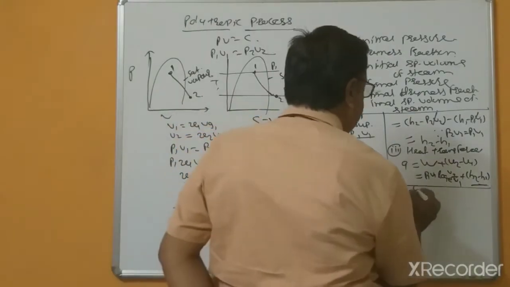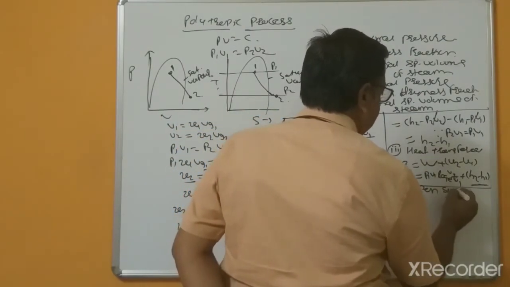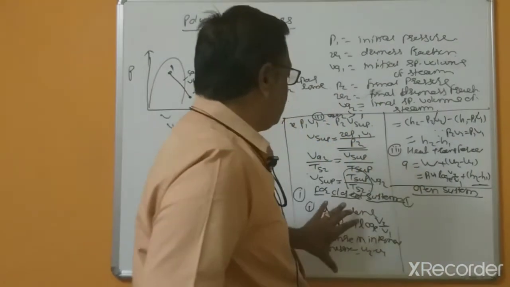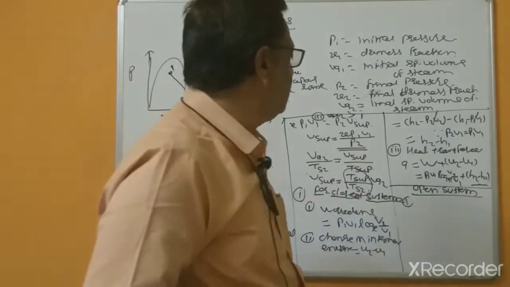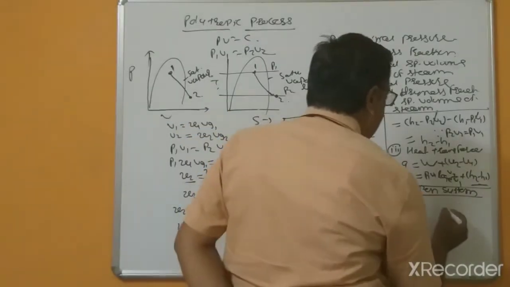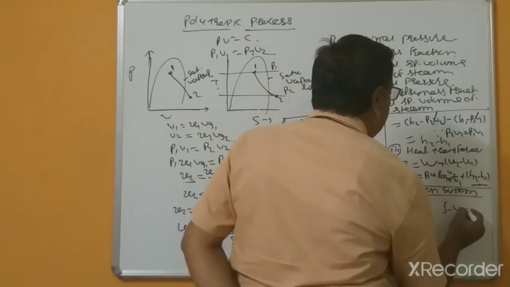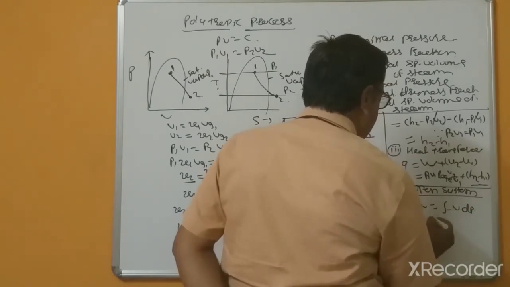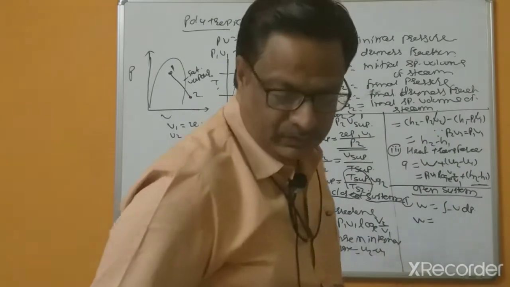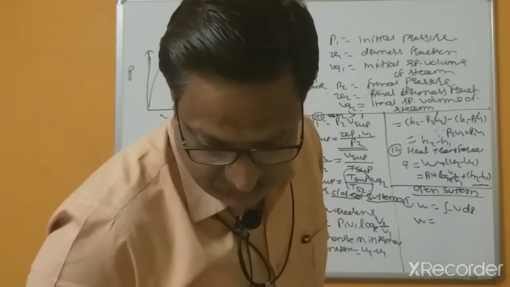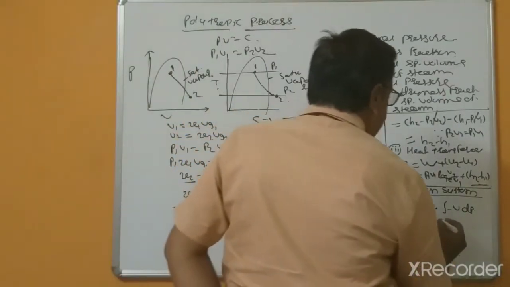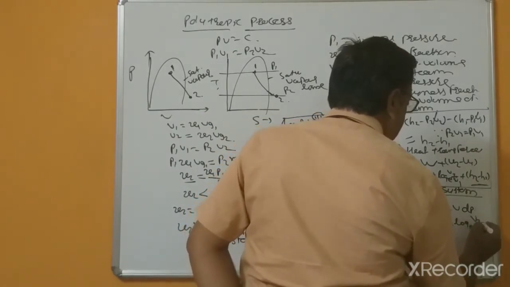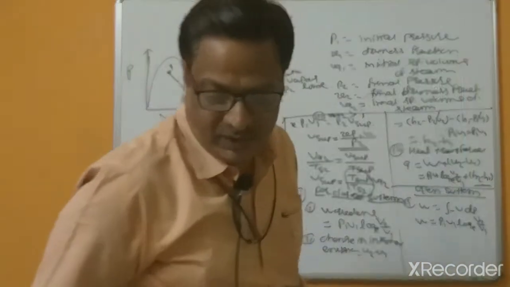For open systems, I mean, the closed system is the non-flow system and this is the flow system. Work done is equal to, what is the formula? Integral of V dP. Work done equals P1 V1 log of e V2 divided by V1.